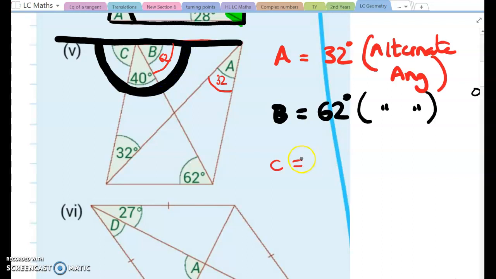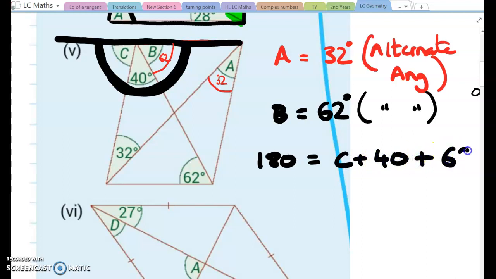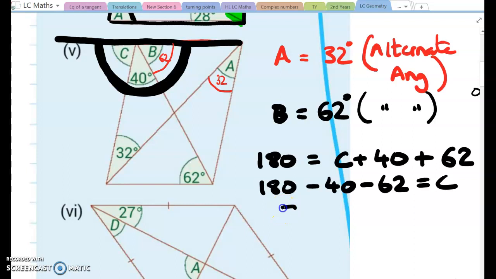So we know that C is equal to, well, we won't start by saying C is equal to, we'll start by saying 180 would be equal to C plus 40 plus B, which we know is 62. So that means 180 minus 40 minus 62 will give us what C is. So that means 102, 78 equals C.